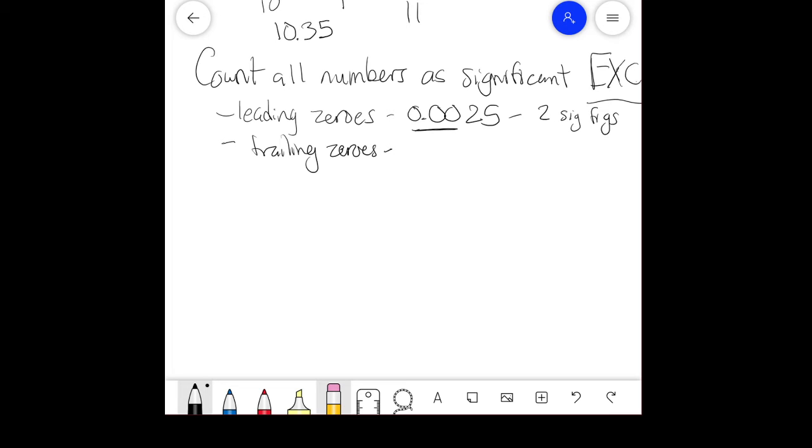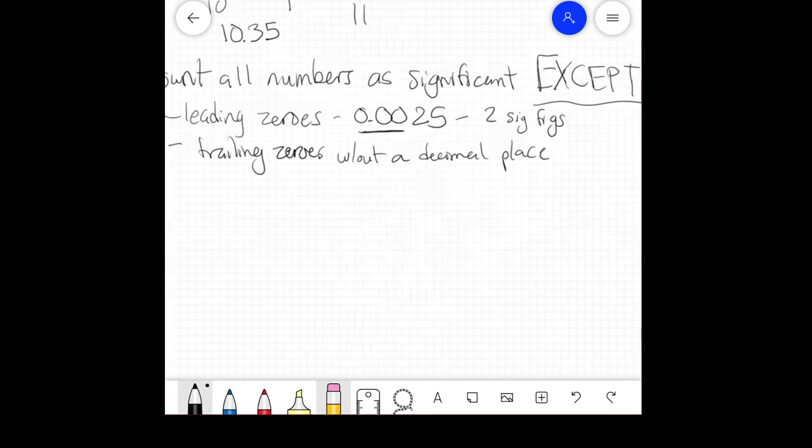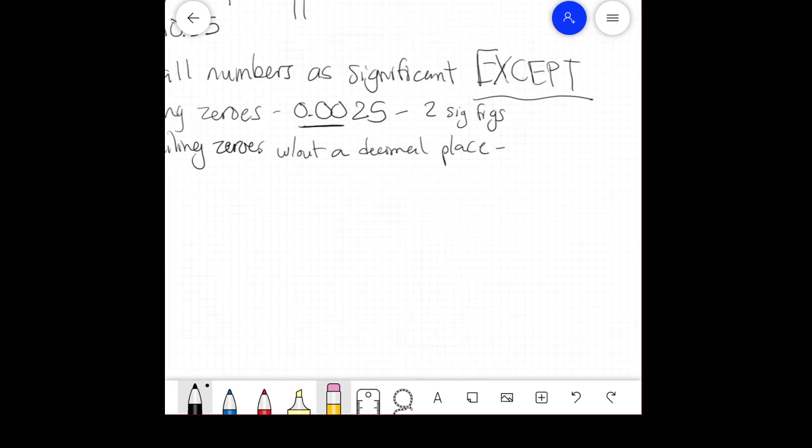So trailing zeros without decimal places. So say you had 25,000. Since there's no decimal place, these are trailing zeros, and that again only has 2 sig figs.